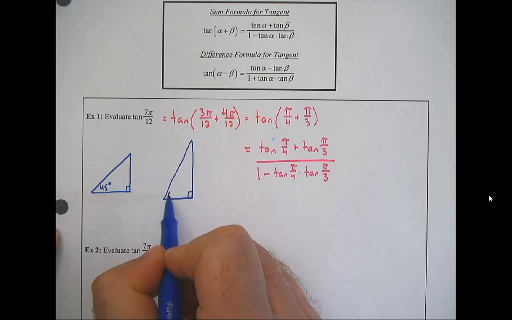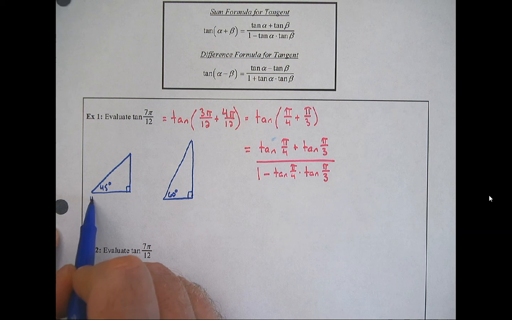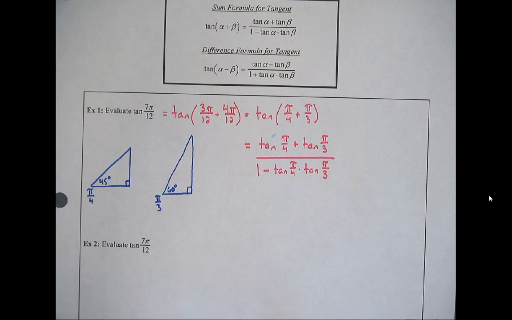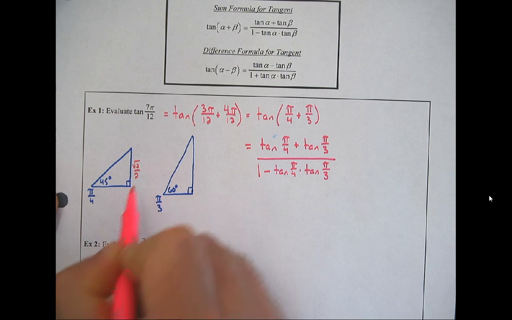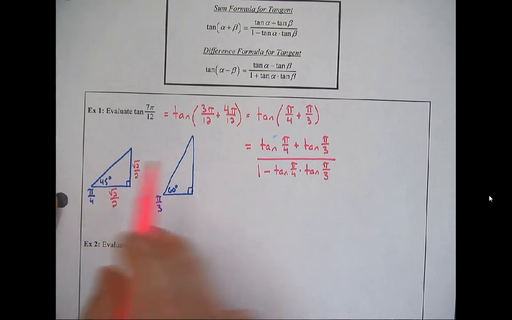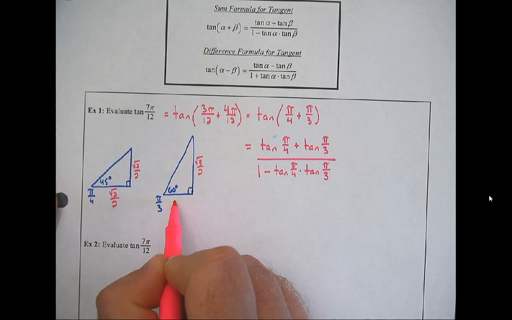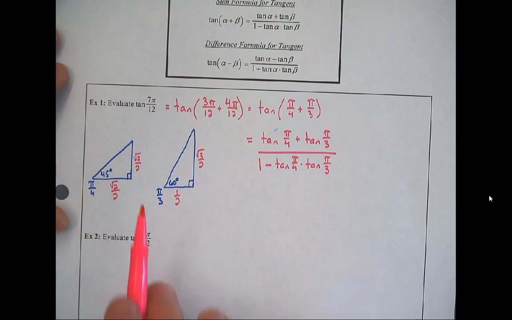Right angle, reference angle. So this is my pi over 4 triangle. This is my pi over 3 triangle. Let's fill in the sides. So this is root 2 over 2, root 2 over 2. Any negatives? No, forward and up. This is root 3 over 2. This is 1/2. Any negatives? Nope, forward and up.